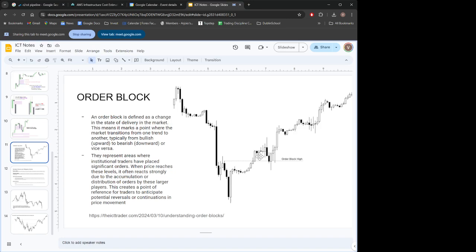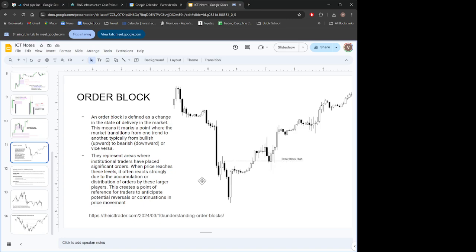It does not matter how big or small the candle is, but you will start realizing that the bigger the candles, the better they are. You will have to identify which is a high probability order block and which is not, but for now, don't think about it in those terms.